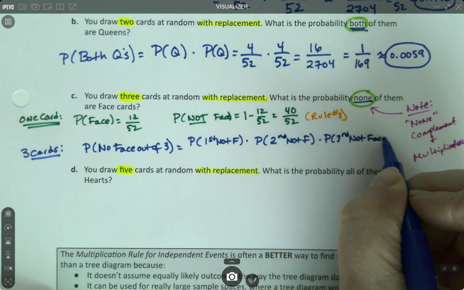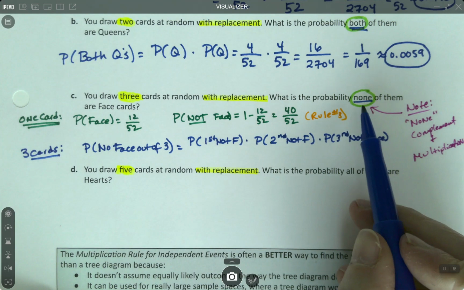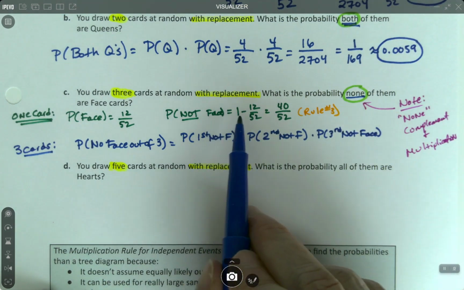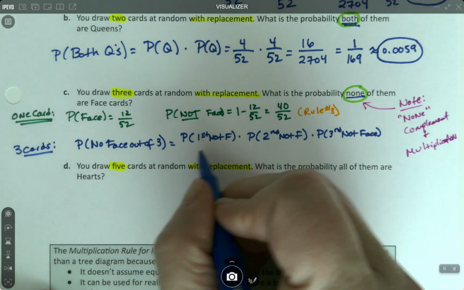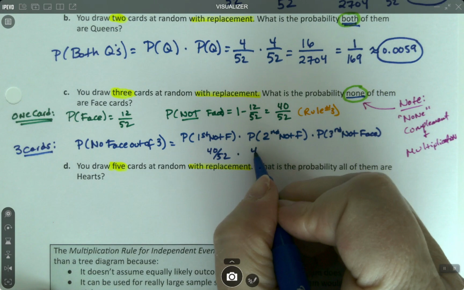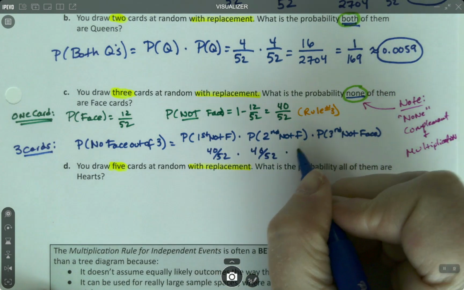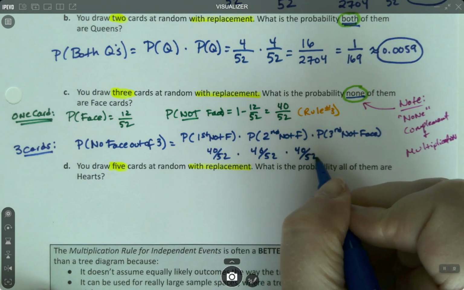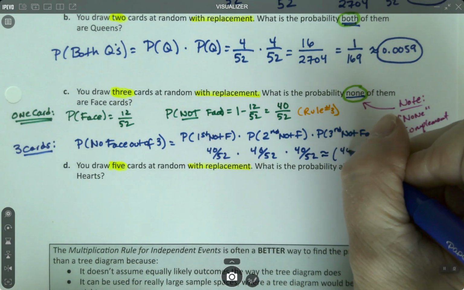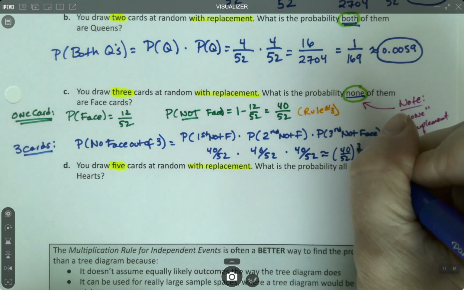This is the way none works. So none is a little tricky. For none, you got to find the probability of the complement, not a face, and then you multiply it. So you're going to take 40 out of 52 times 40 out of 52 times 40 out of 52. And you're going to multiply them all, right? So if you will, it's 40 out of 52 cubed.